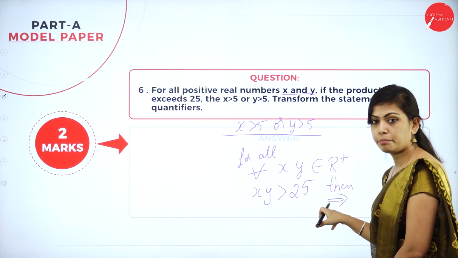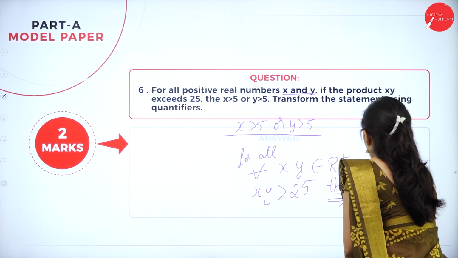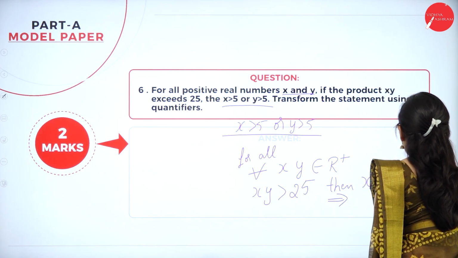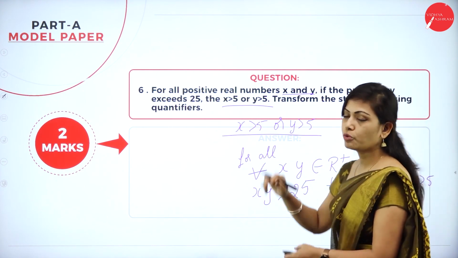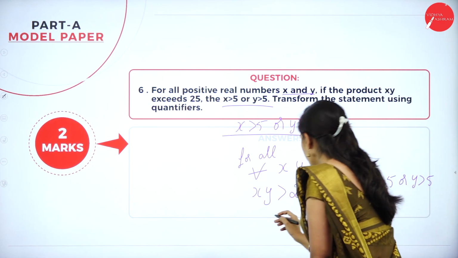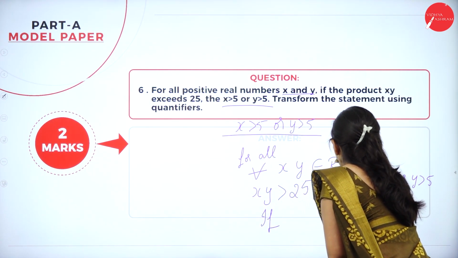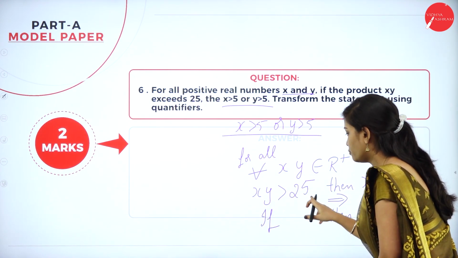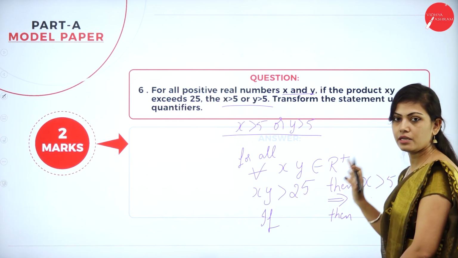you can use this simplification, right? Implies x greater than 5 or y greater than 5. So transform the statement using quantifiers. This statement you can write in quantifier form. If xy is greater than 25, then x is greater than 5 or y is greater than 5.